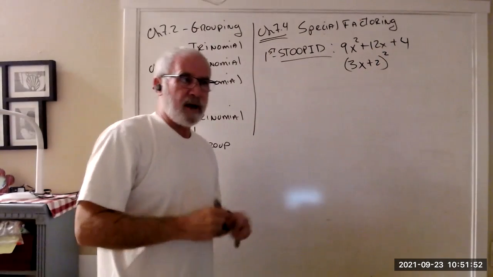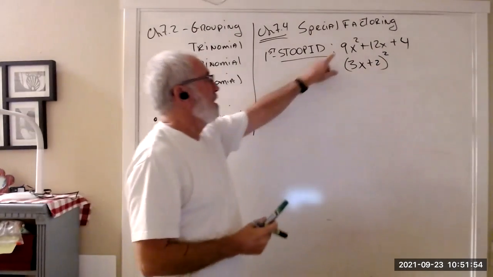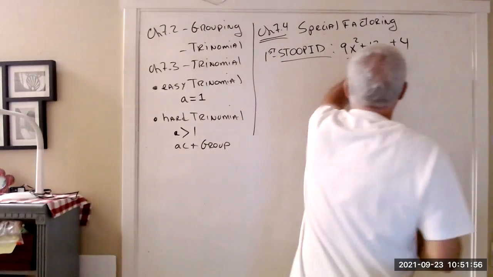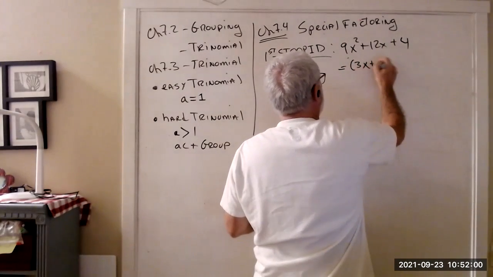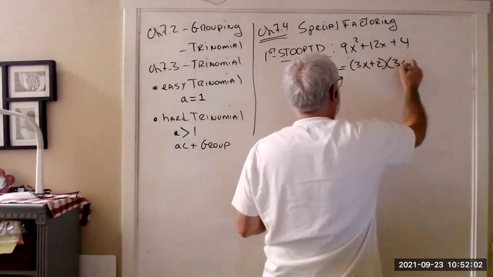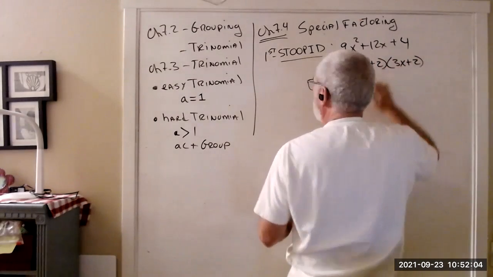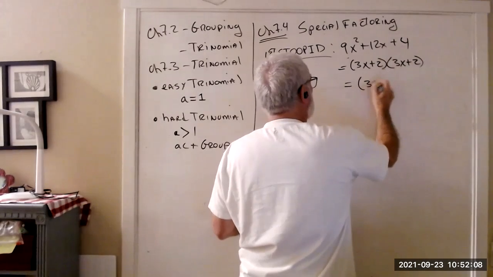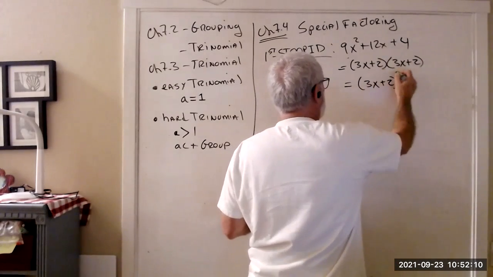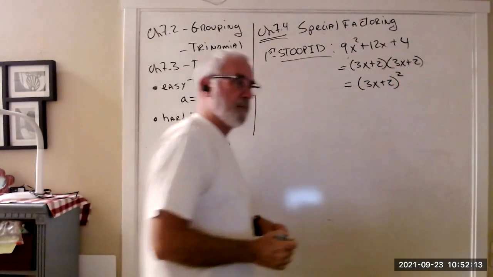Vaguely, go back and look at your notes. Actually, let me do it. It actually factored as 3x plus 2 times 3x plus 2 when you went through all your AC and grouping. But I said that the book wants you to do it as 3x plus 2 quantity squared.